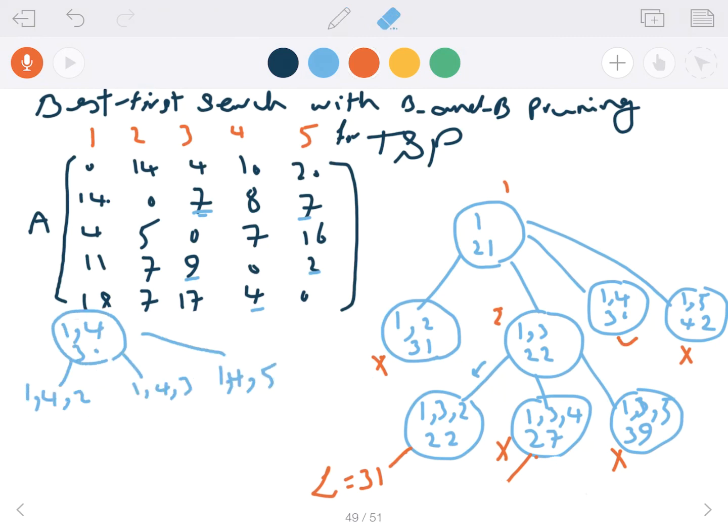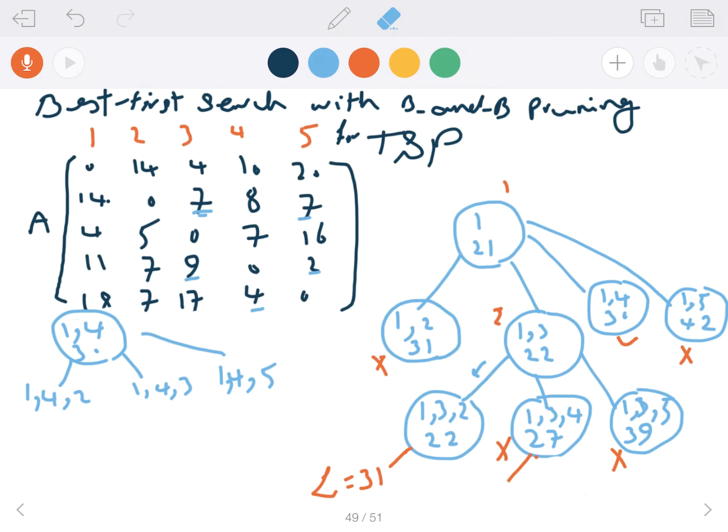The next node that was promising and had the best first search bound was 30, so we are going to expand this one, that is 1, 4. We can expand the 1, 4, 2 option, the 1, 4, 3 option, and the 1, 4, 5 option.